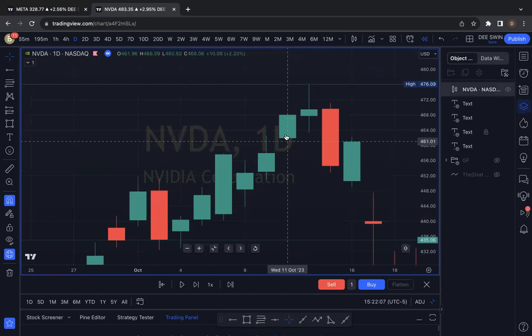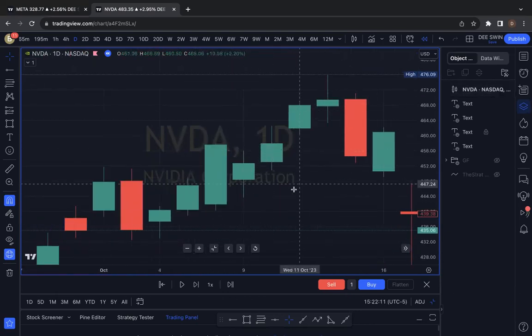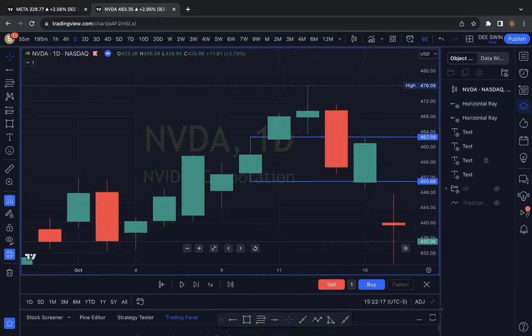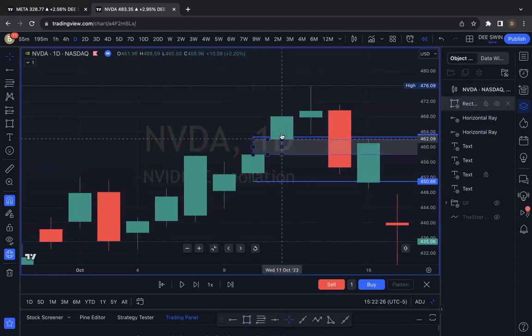Okay, this one. This one would be a partial gap right here. These two candles. So that is the high of that day. This is the low of that day. And then this is the gap from close to open. And then we adjust it. That's the gap. This was your initial gap right here. But as you can see, it opened within the previous day's range. So this would be your partial gap.